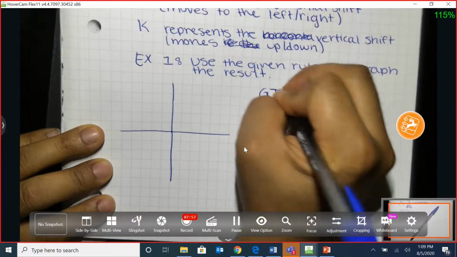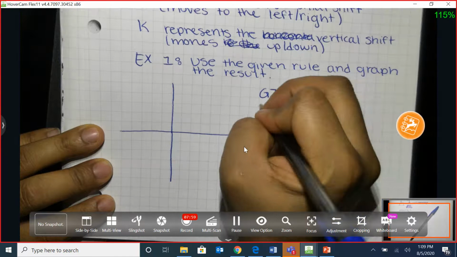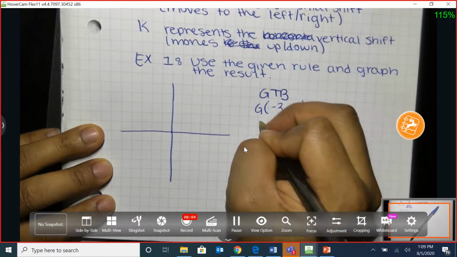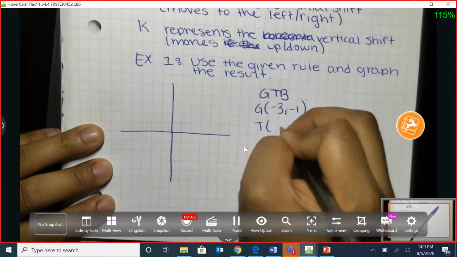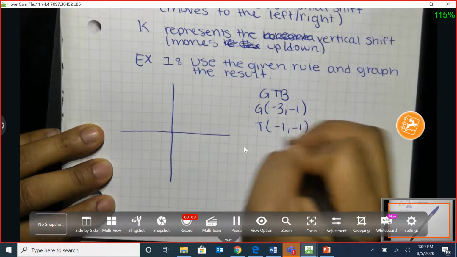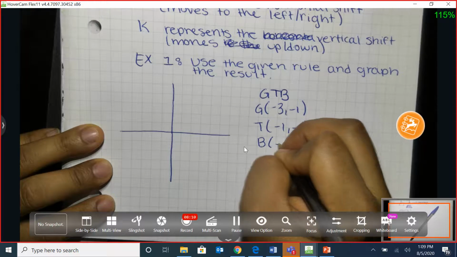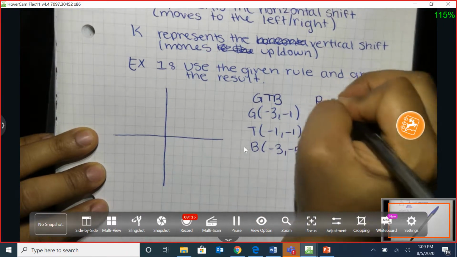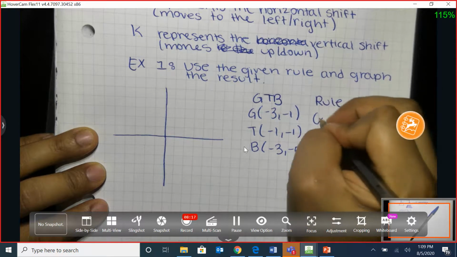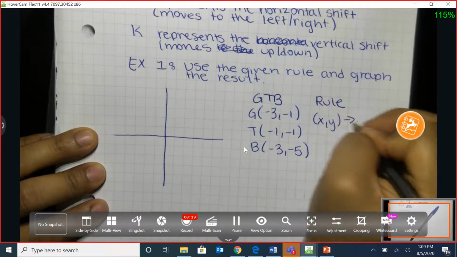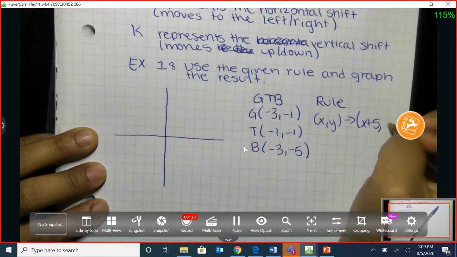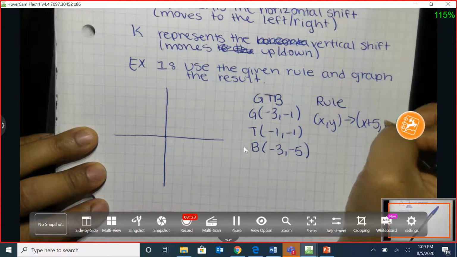They gave you an image, GTB, with coordinates located at G (-3, -1), T at (-1, -1), and B at (-3, -5). It's telling you that your image is going to transform by moving 5 units and 1 unit up or down.